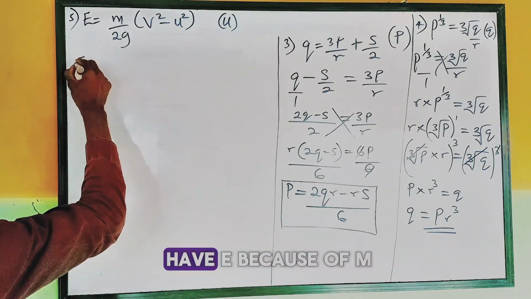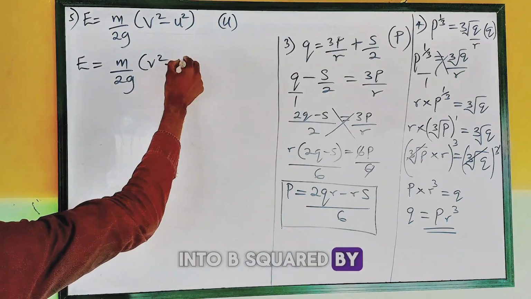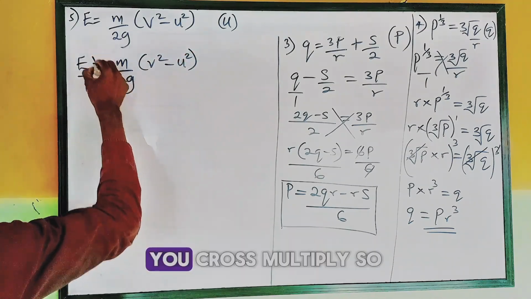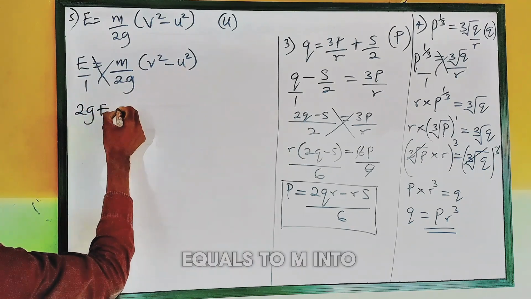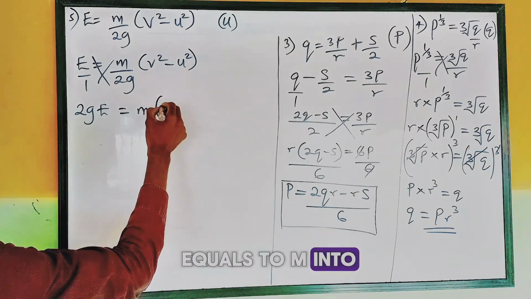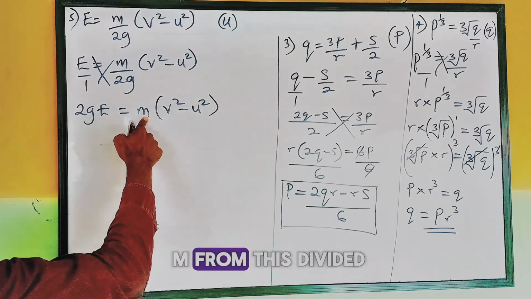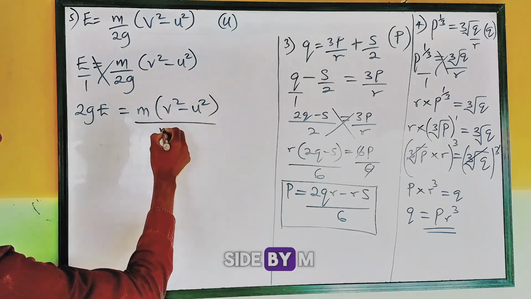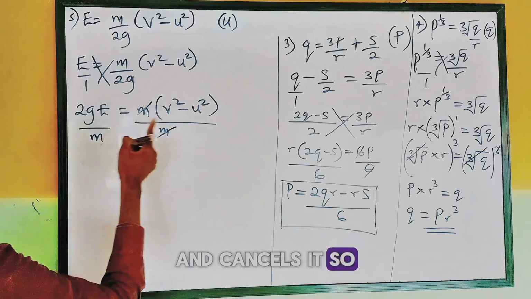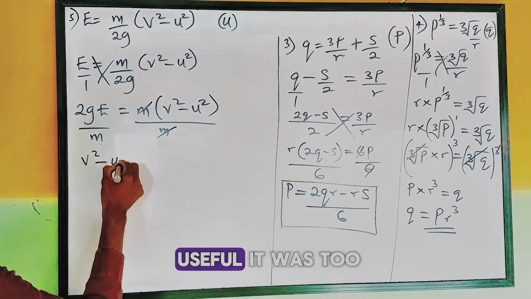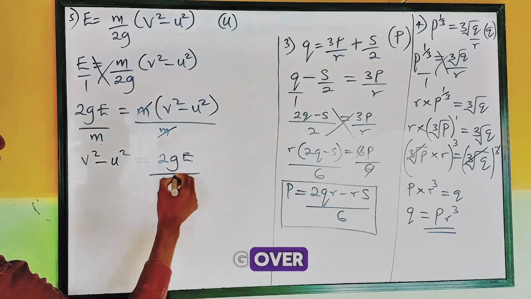So you're going to have E equals M over 2G into V squared minus U squared. You cross multiply. So when you cross multiply, you have 2GE equals M into V squared minus U squared. Then how do you remove M from this? You divide both sides by M. M cancels M. So you have V squared minus U squared equals 2GE over M.